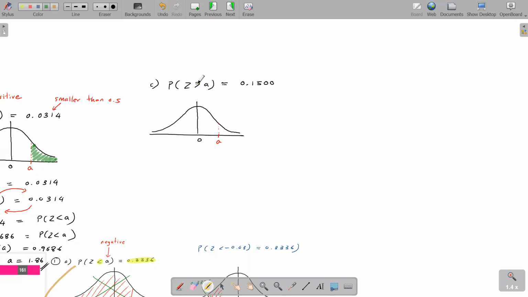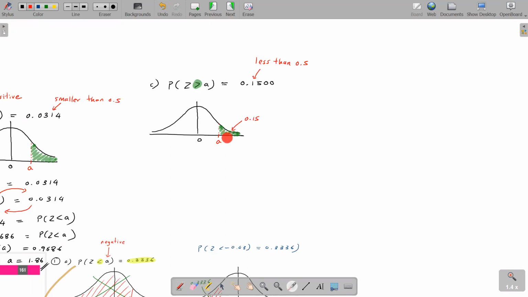In which direction do I shade? They say Z greater than A, which means I'm supposed to shade to the greater than side. So Z greater than A is this area. If you check, this area is less than half, right? Does this correspond to an area that's less than half?